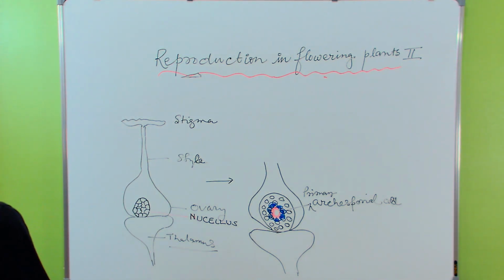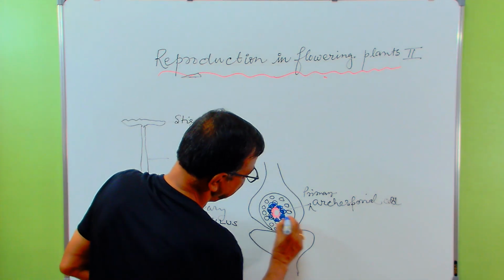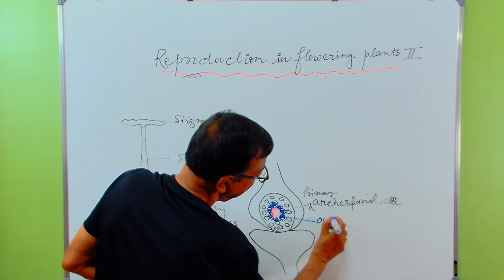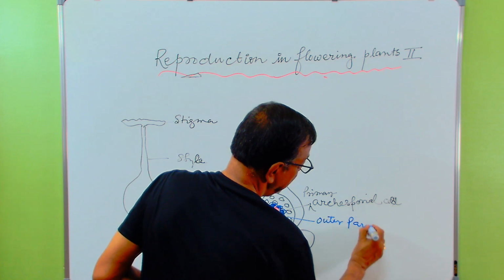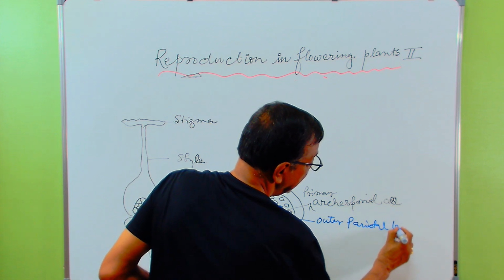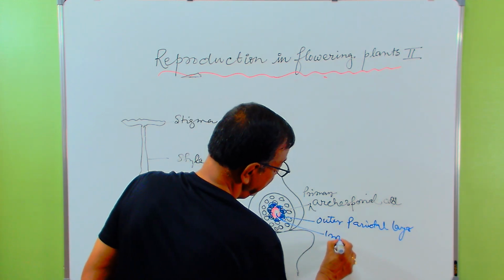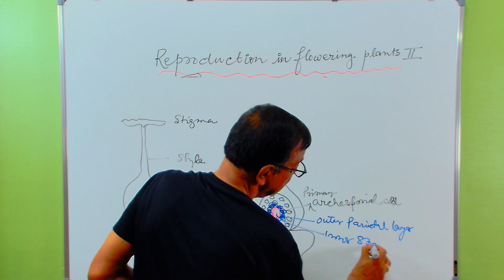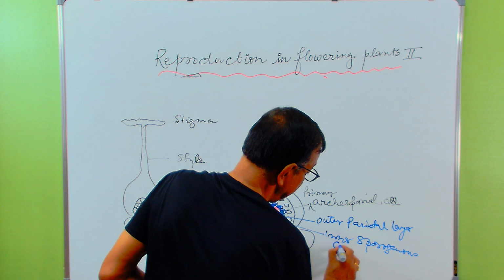So I will call it outer parietal layer and inner sporogenous cell.